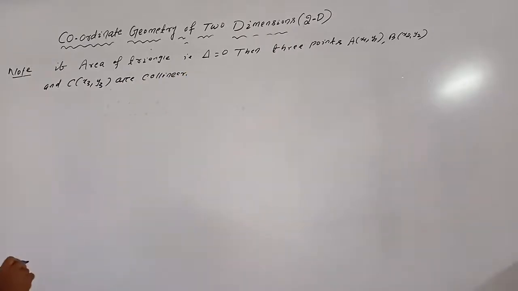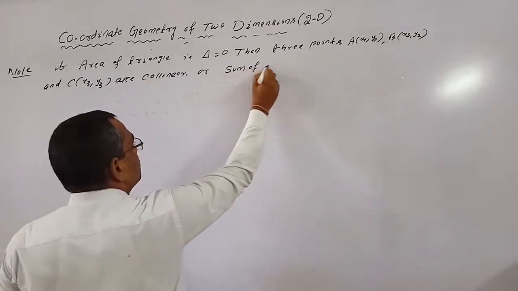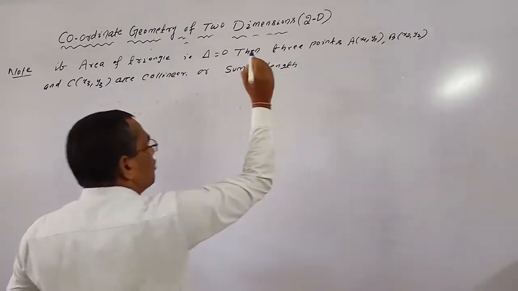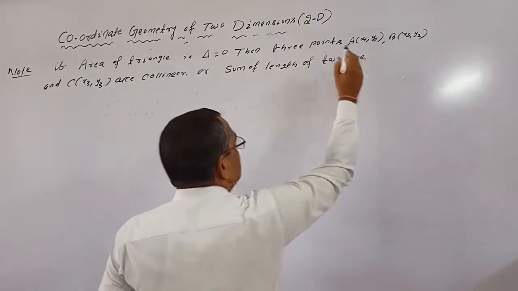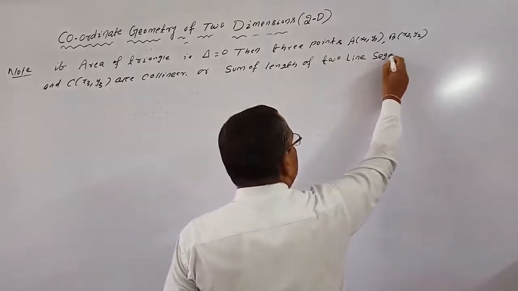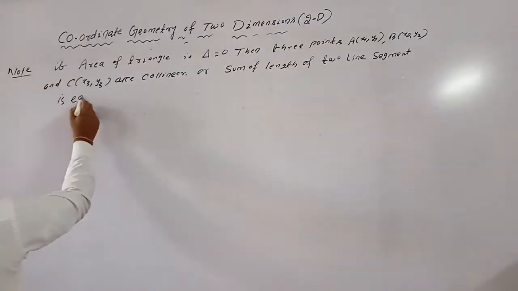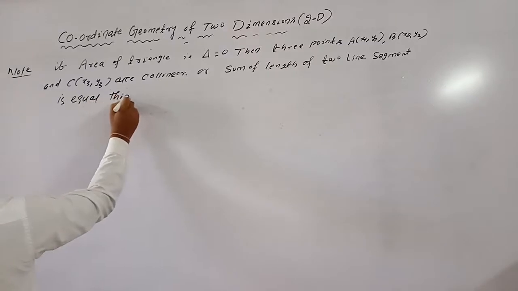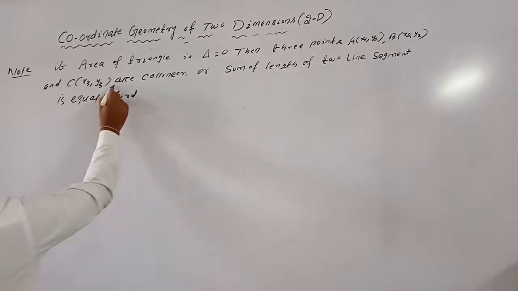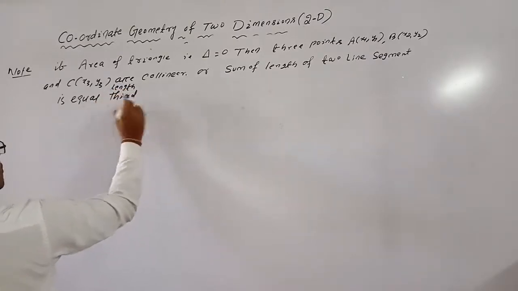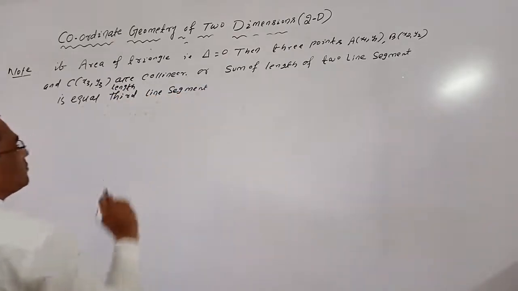This is the condition for collinearity. Or by the distance formula, the sum of the lengths of 2 line segments is equal to the length of the third line segment.